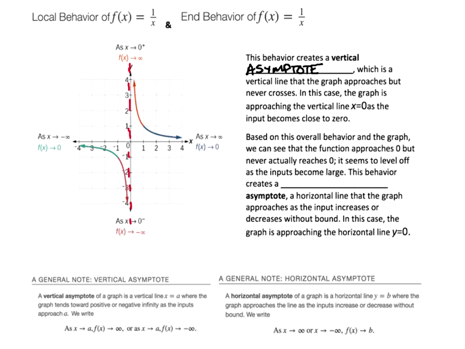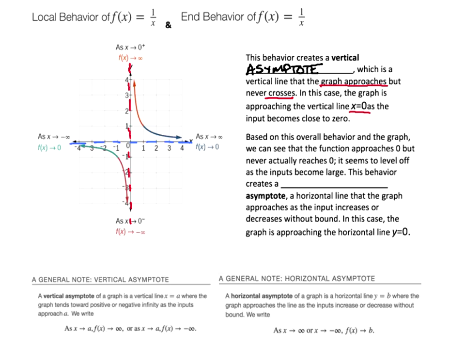It's going to get closer and closer to that x equals 0 vertical line, but it's never actually going to get there. The graph approaches it but never crosses it. In this case, it's approaching x equals 0. And this is the non-transformed, or toolkit, version of this function.